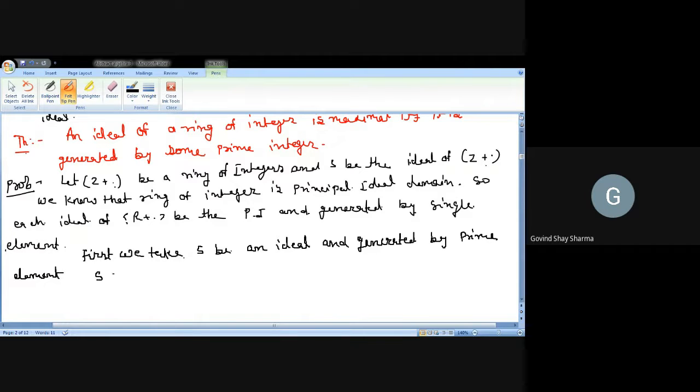So S is generated by P. Here P is the prime number or minus P. We take one P and we can take only positive, so it will be also proof for negative also.